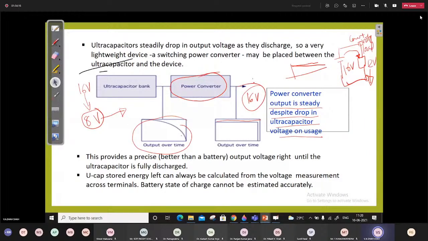That way we have to design this power converter, and this power converter is bidirectional. At the time of delivering power, it operates in this direction, and at the time of capturing the energy, it works in this direction. So it is a bidirectional DC to DC converter, because the supercapacitor voltage is a DC voltage, and what we need is a DC bus voltage.